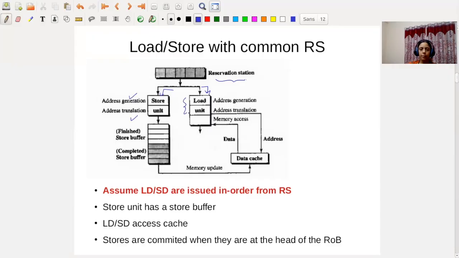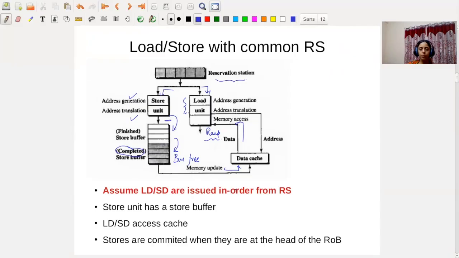Similarly, load also has the same contents, just that the load has an extra memory access and reading of the data from the memory, whereas the store does not have that aspect. Instead, the store writes data to the store buffer, and once it is at the head of the reorder buffer, it's going to write the data to the next stage, which is called the complete stage. And then once the bus becomes free, it is going to write it to the cache or the memory.